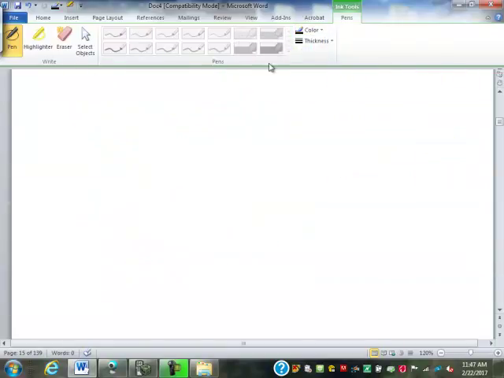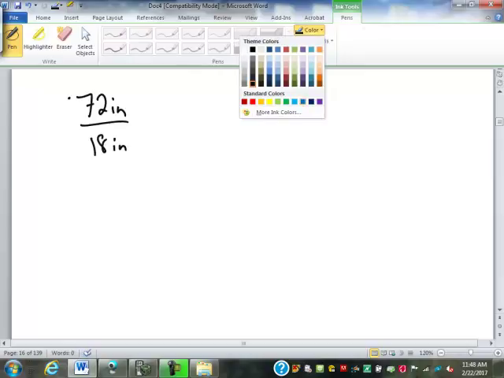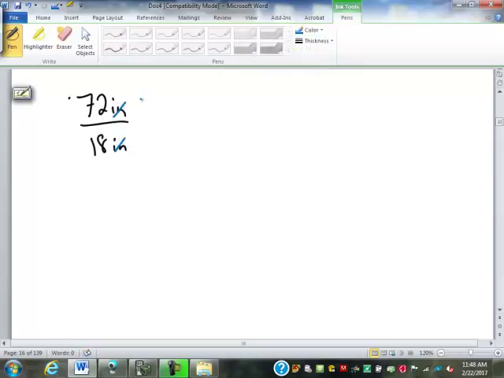Okay, let's look at, you guys, it looks like you have similar tables in your rooms to what I have here. The tables in my room here are 72 inches long and 18 inches wide. So the inches divide out, both 72 and 18 can be reduced by 18, gives me 4 to 1.